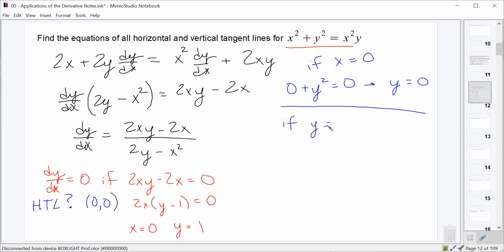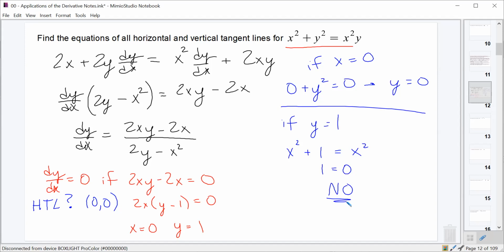So if y equals 1, then we've got x squared plus 1 squared, which is just 1, is equal to x squared times 1, which is just x squared. This, I think pretty obviously, if you subtract x squared from both sides, you get 1 equals 0, which we can just pretty much say, no, that's just not true.